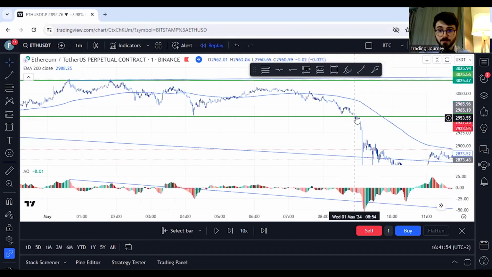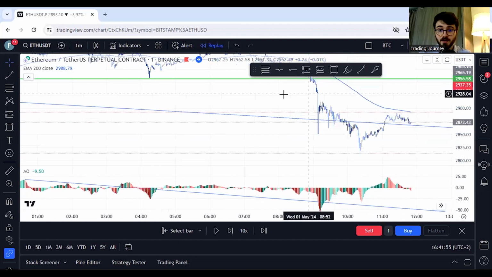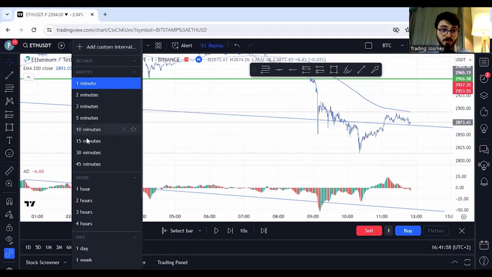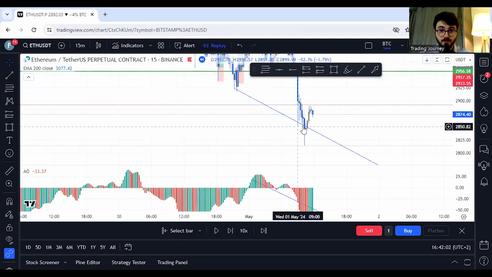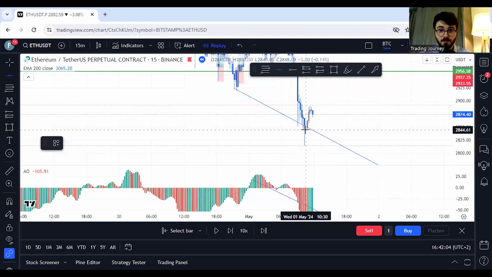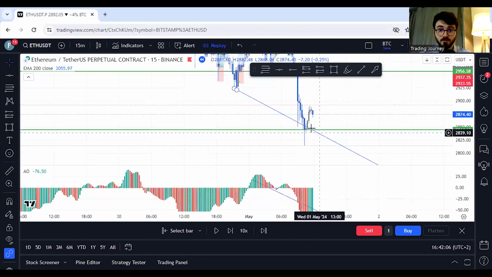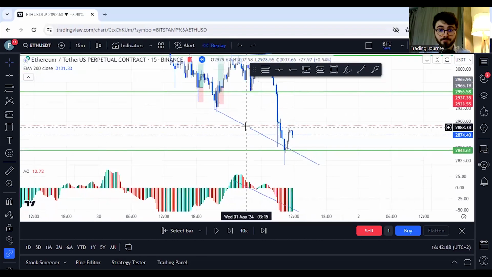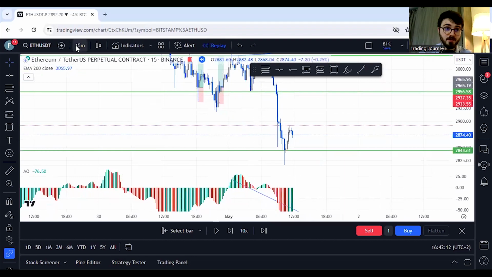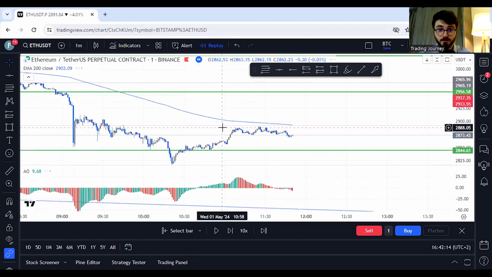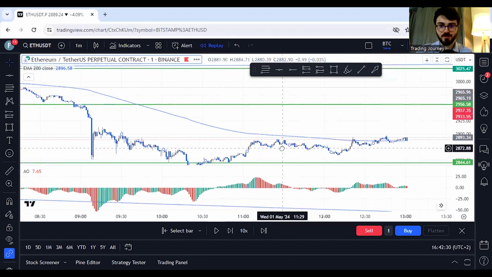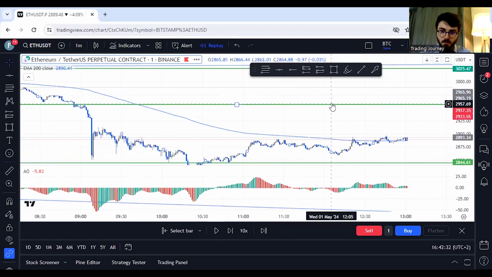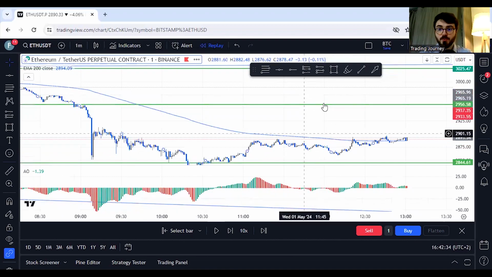And then when it breaks this range, it's okay, we just go back to the 15 minutes and we find another support. So here we just can say that this will be a support, at least for now. And then we just go back to the 1 minute and we wait for another divergence. So yeah, this is the one I showed previously, and as you can see, it works pretty well. And we just target that other resistance here.